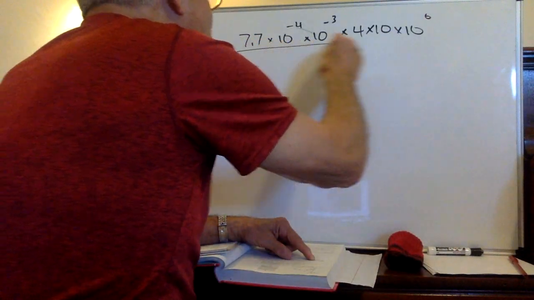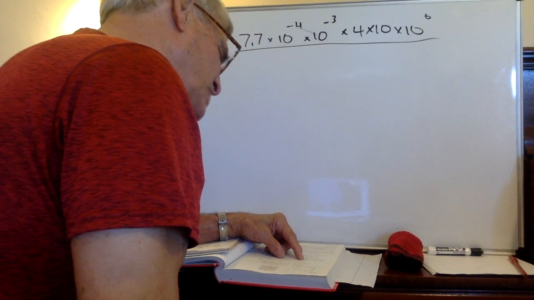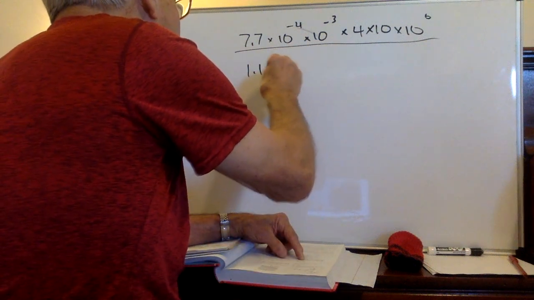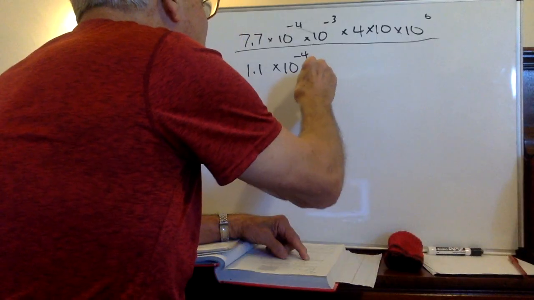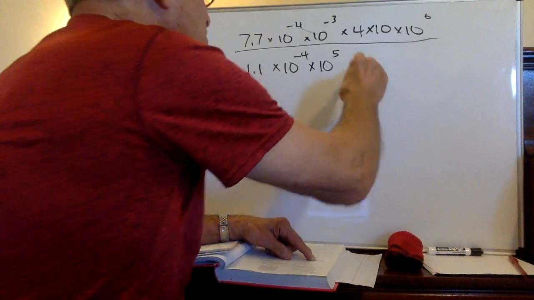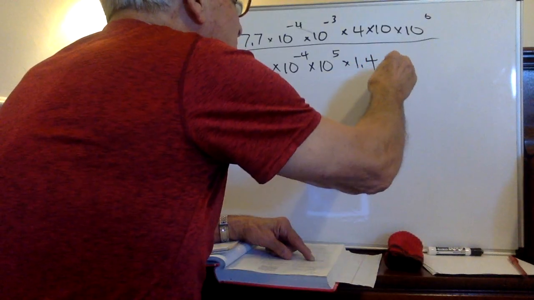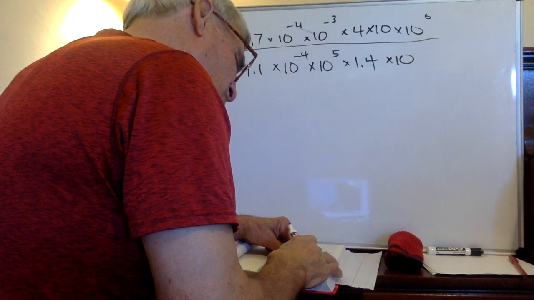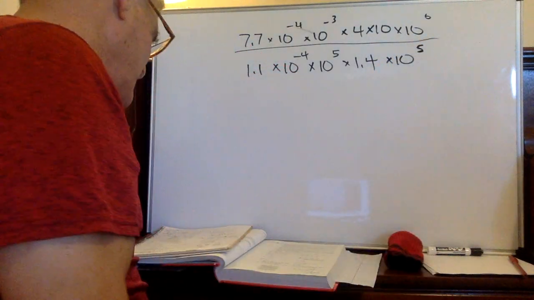So there's the top written out in scientific notation. The denominator in scientific notation, 0.00011, is 1.1 times 10 to the negative 4 times 10 to the 5th times 140,000 is 1.4 times 10. In that case, you would have to go 1, 2, 3, 4, 5 times 10 to the 5th.